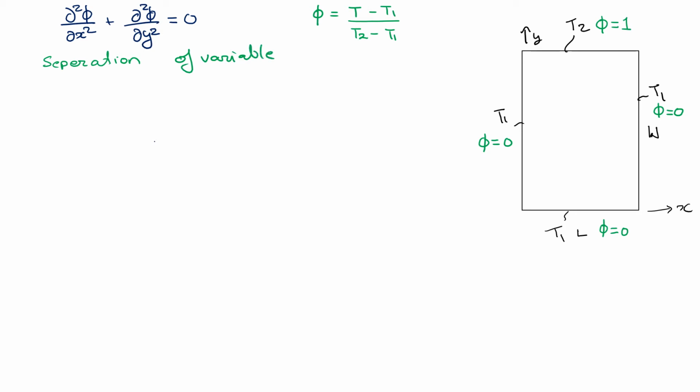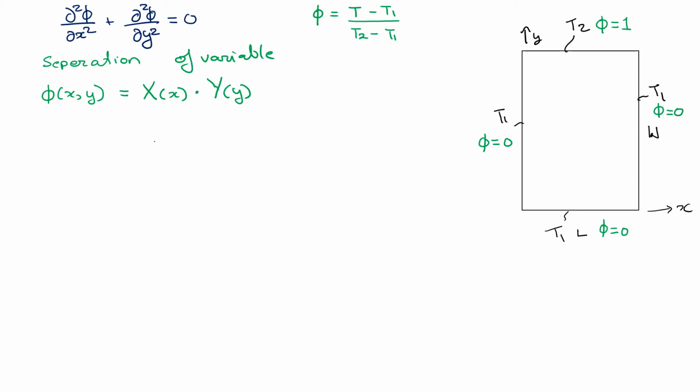So what we do is that we assume that the solution for phi of x comma y is of the form some function capital X, which is just a function of lowercase x, and some function uppercase Y which is just a function of lowercase y, and our solution for phi of x comma y is a combination of capital X and capital Y.